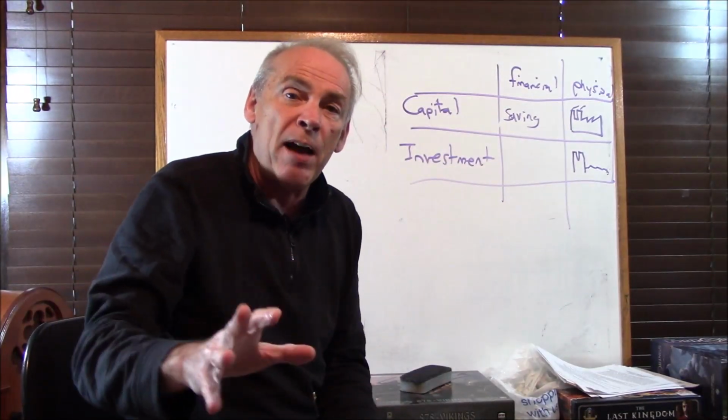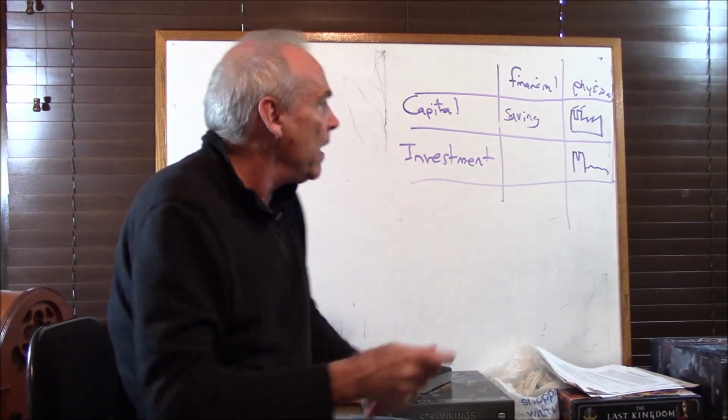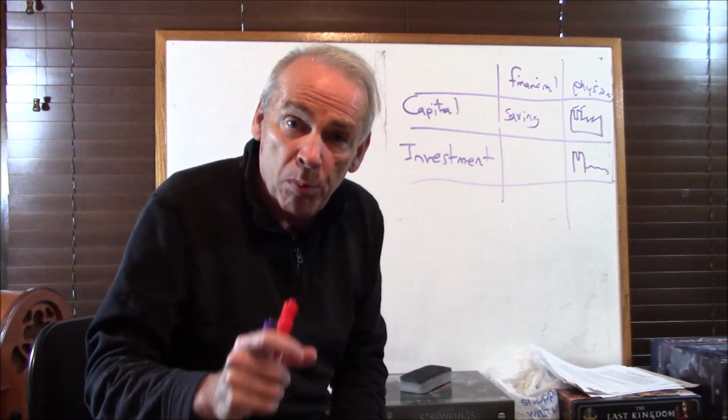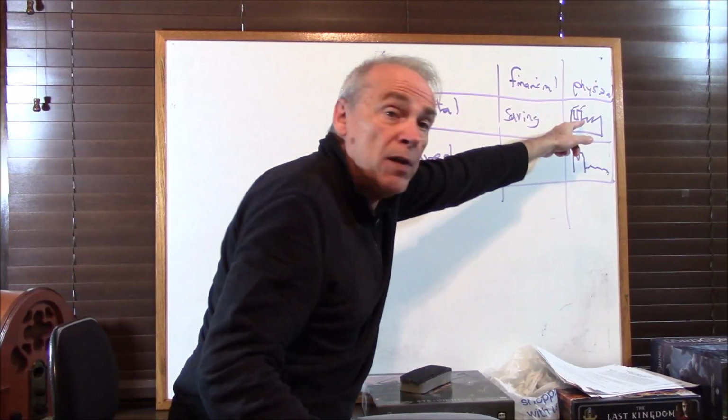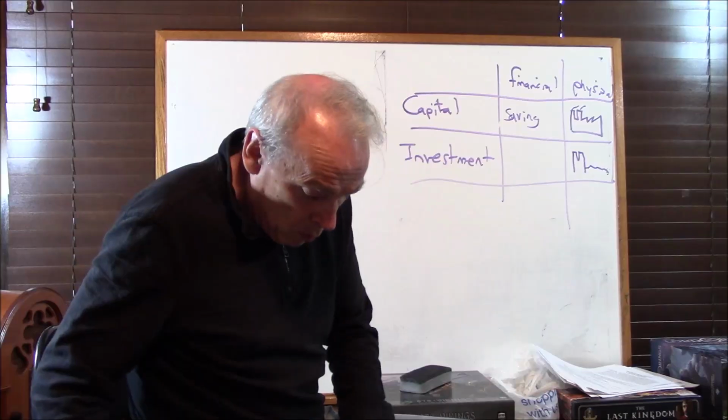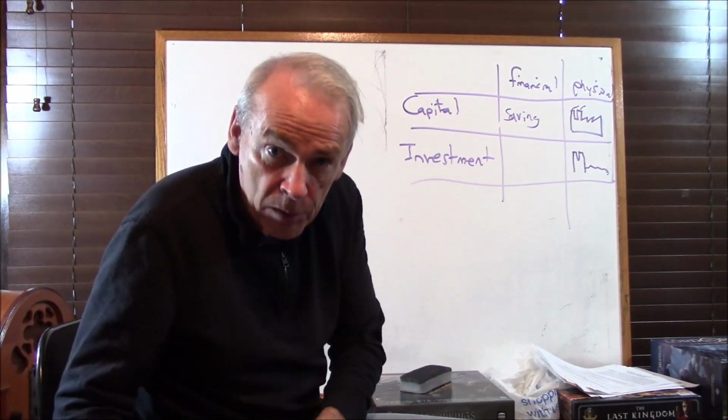While they're building the factory, that's called physical investment. Physical investment is the process of adding to physical capital. Once they're done, they'll call it physical capital, but while they're building it, it's physical investment.